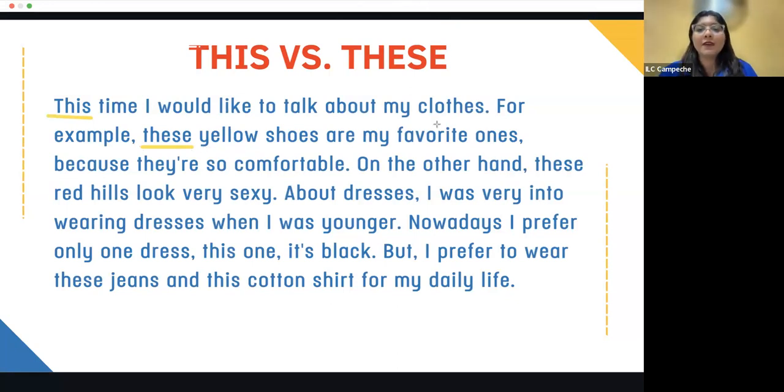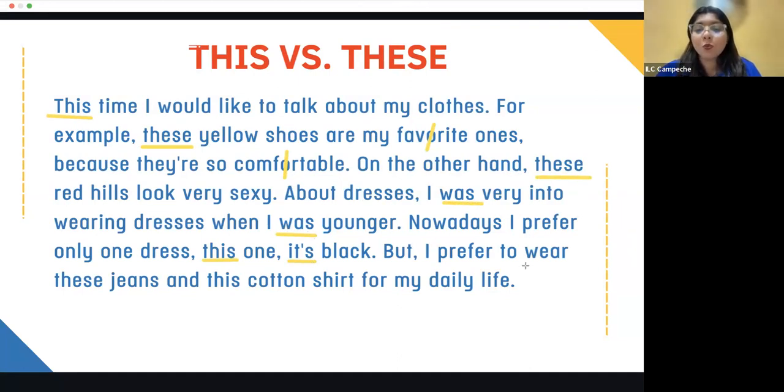Yellow shoes are my favorite ones because they're so comfortable. On the other hand, these red heels look very sexy. About dresses, I was very into wearing dresses when I was younger. Nowadays, I prefer only one dress. This one, it's black. We also already saw that you don't say it.